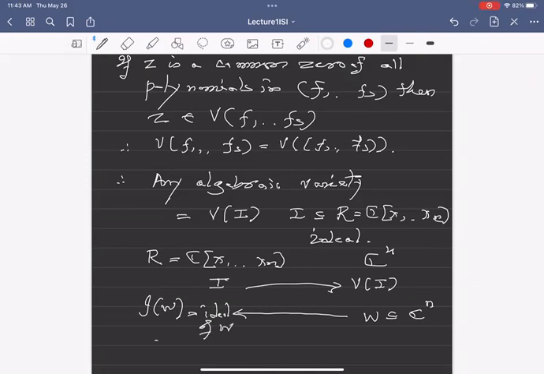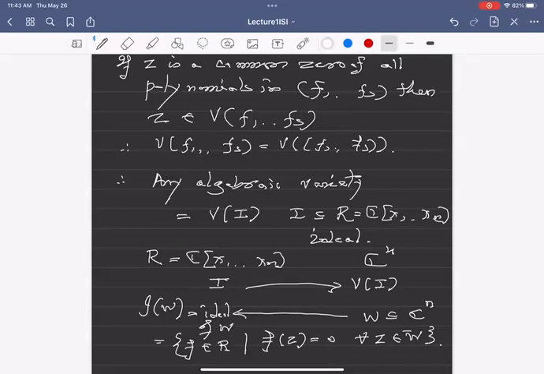The ideal of W consists of all polynomials which vanish at every n-tuple of complex numbers z in W. So look at all polynomial functions which vanish at every point of W. Now this is an ideal.